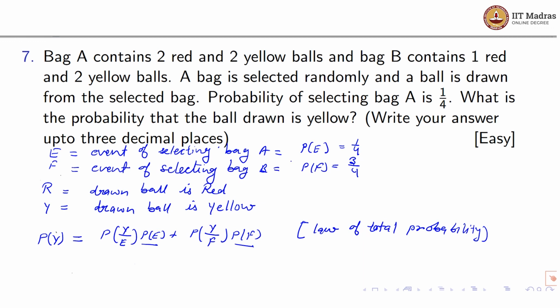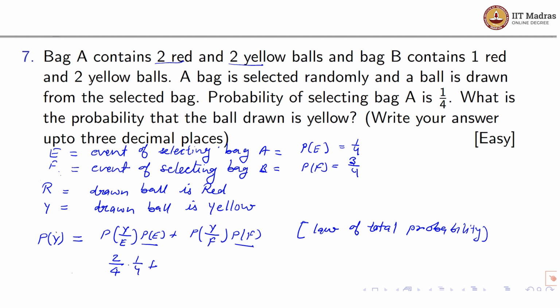So if I choose bag A, then there are 2 red balls and 2 yellow balls. So if I choose bag A, then the probability of the drawn ball being yellow will be 2 divided by the total balls in bag A, that is 2 by 4. So P of Y given E will be 2 divided by 4 into P of E, I know 1 by 4, plus similarly P of Y given F: F is the event of selecting bag B, so if I select bag B, what is the probability that the drawn ball is yellow?